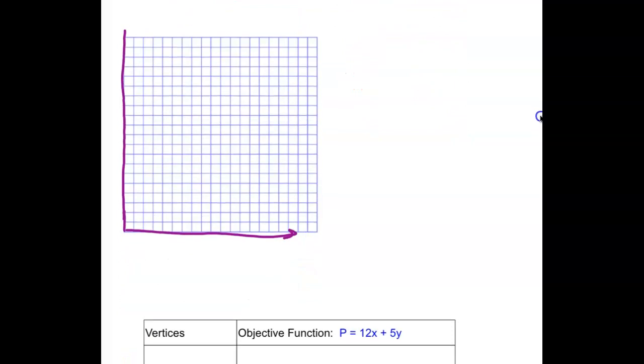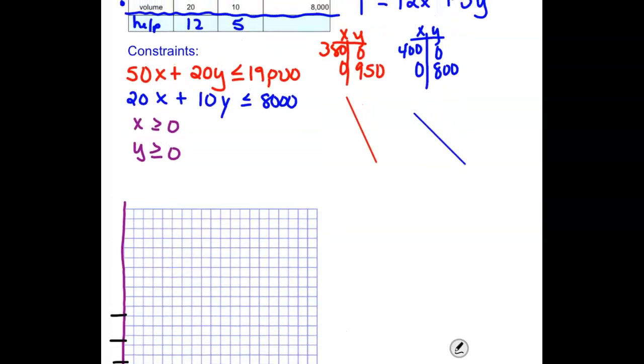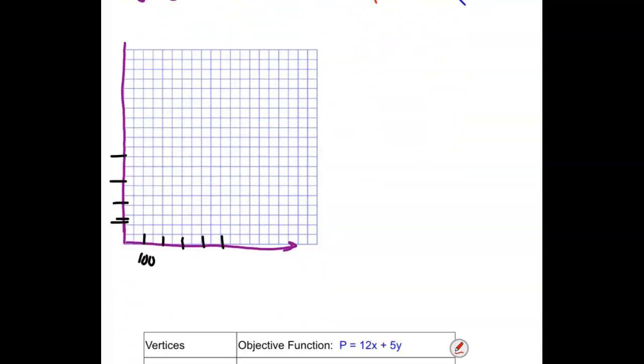Since we have some larger numbers, it seems reasonable to have our tick marks go by 50s. My board is always off just a little bit. All right, so we had information here. Let's start with our red one. We had 380 for X and 950 for Y. I'm going to fix this a little bit here.